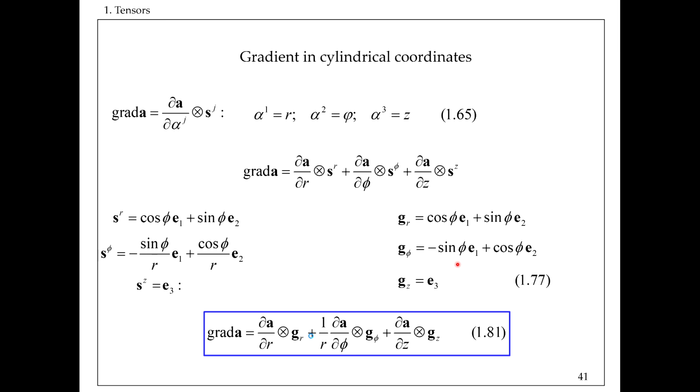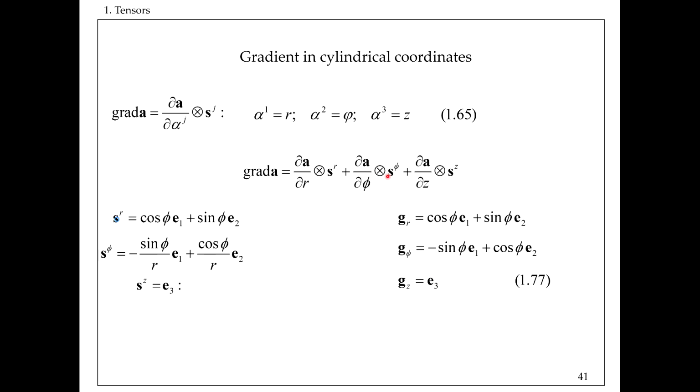In this case, as you can see, g_r and g_phi actually explicitly depend on the angle phi. So if we encounter a situation where we need to take the derivative of some tensor that has this, we will need to take into account this dependence. We cannot just assume that they are not dependent. They are actually explicitly dependent on the coordinate.